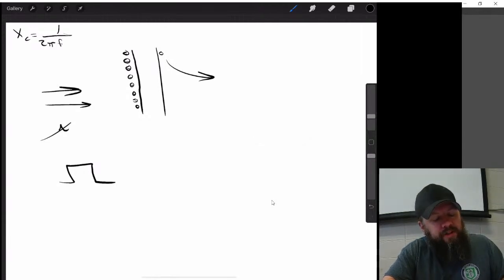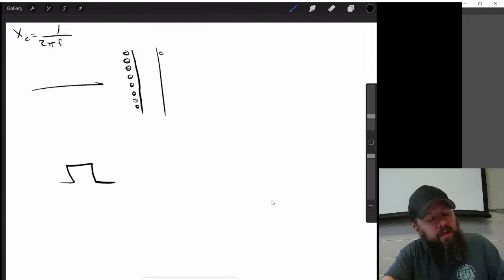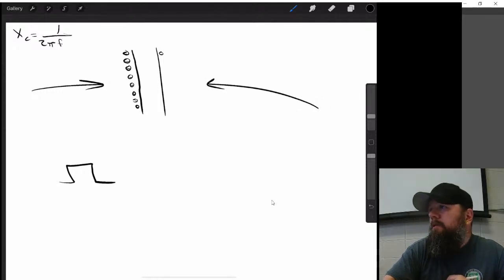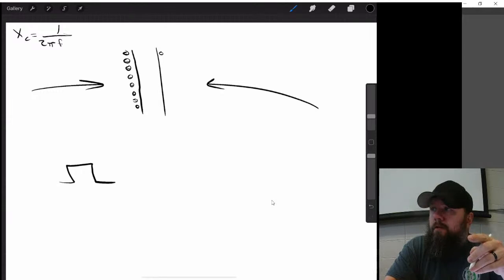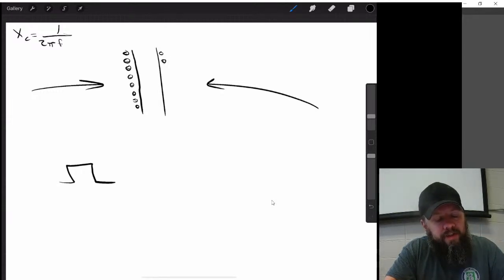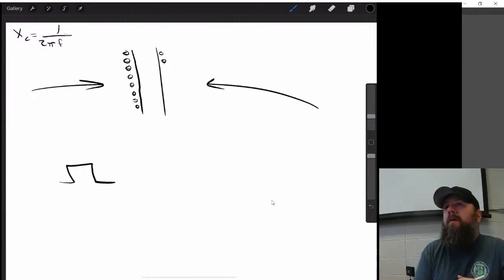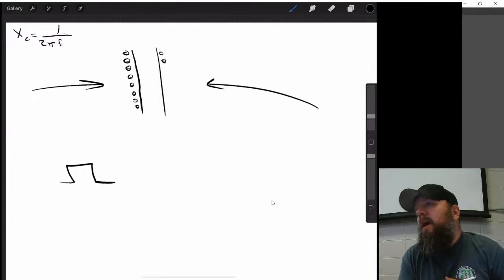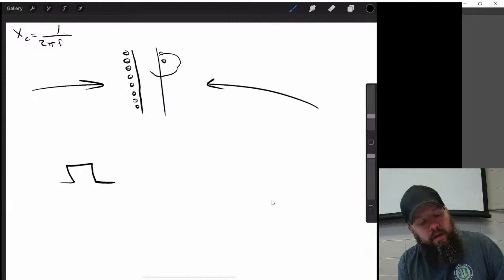As my frequency goes up, that means that I'm going in this side and then I stop and I start going in this side. So I'm going back and forth, right? Alternating current. So I charge up one side and then I change direction and I start charging up this side. Now it's a big enough gap that my electron cannot jump it. But it's a little axis of influence, right?